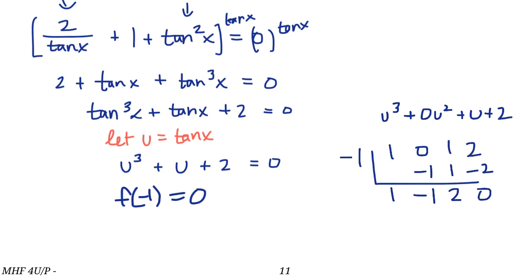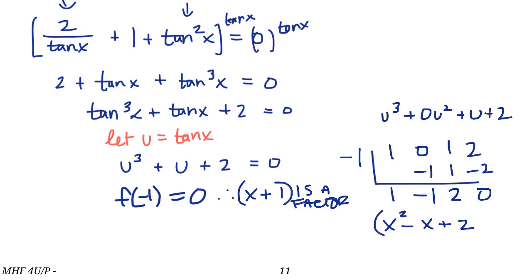So remember, what this tells us is that f at -1 equals 0, therefore, x plus 1 is a factor, right? And then dividing, this tells us that x squared minus x plus 2 is a factor, right?